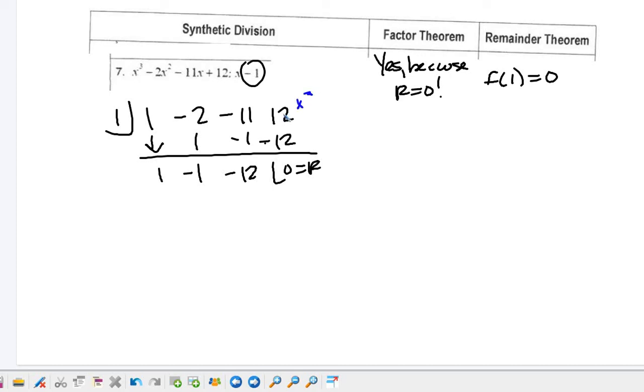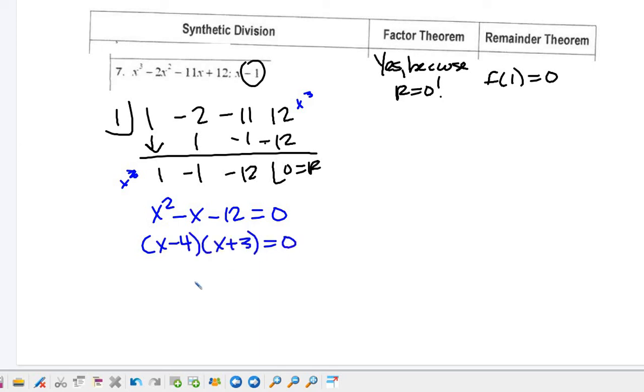So remember, if this is a cubed, then this is a square. So I have x squared minus x minus 12 is equal to 0. So x minus 4 and x plus 3 is equal to 0. So I have x is equal to 4, x is equal to negative 3. So I have 3 zeros, 1, 2, and the one given, 3, right?